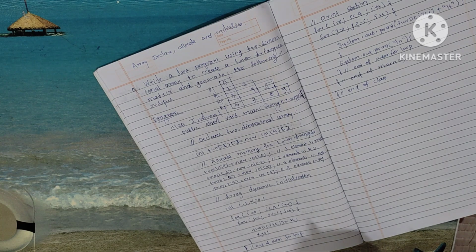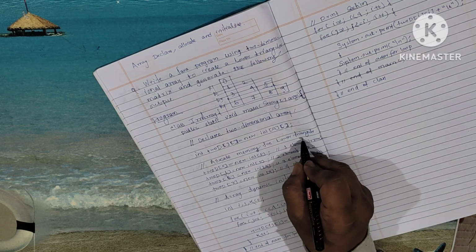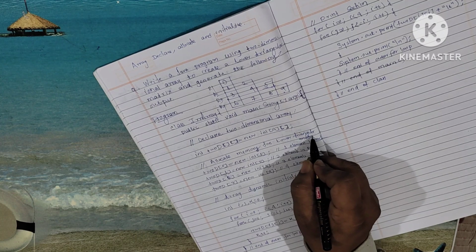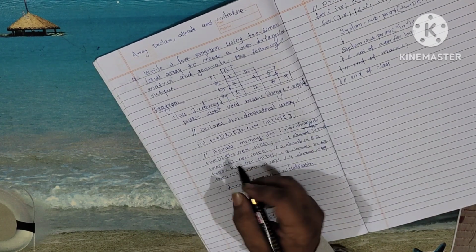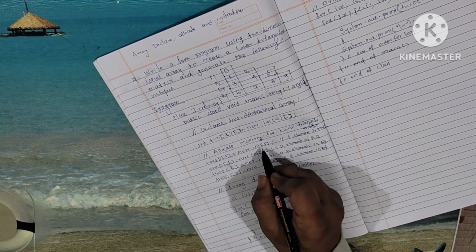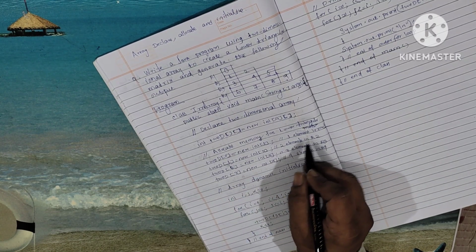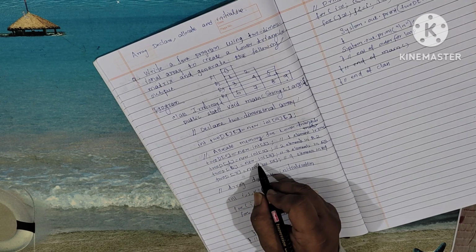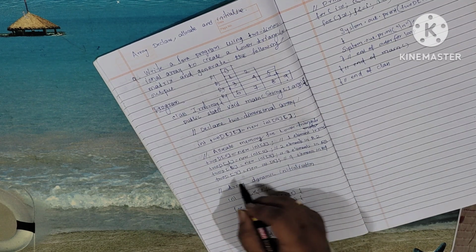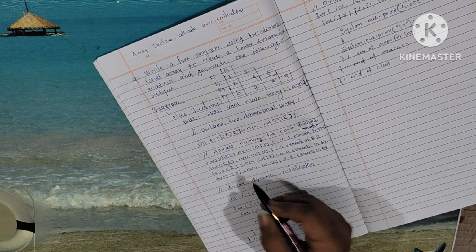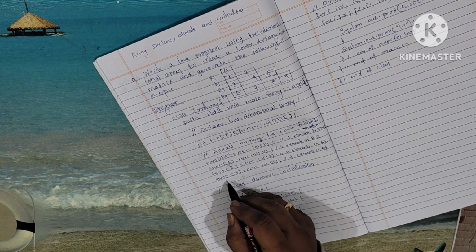Now allocate memory for the lower triangular matrix. So what I did here, for row 1 allocate 1 room, for row 2 allocate 2 rooms, for row 3 allocate 3 rooms. You can allocate as much as you require.